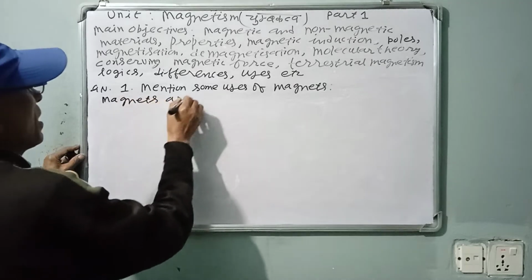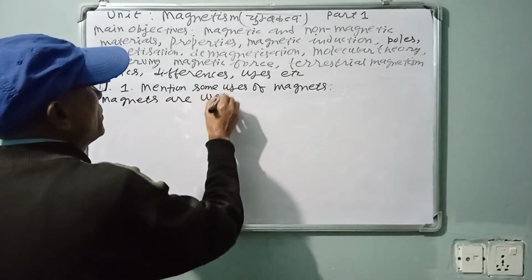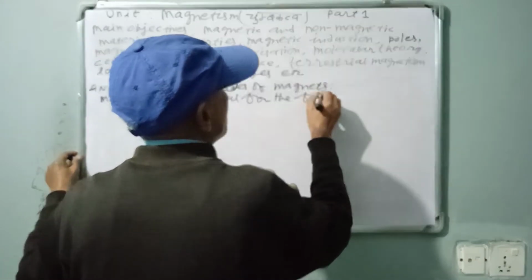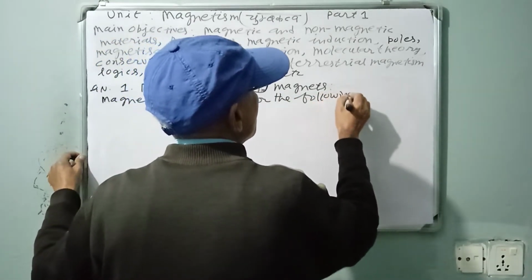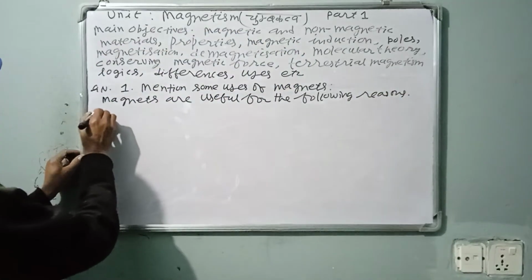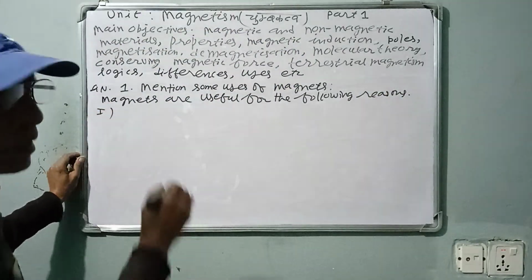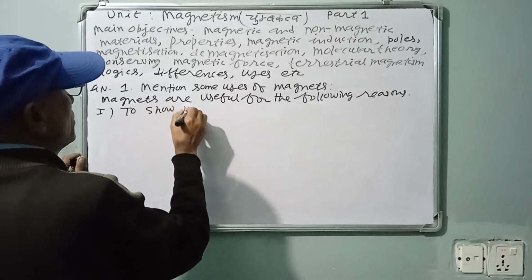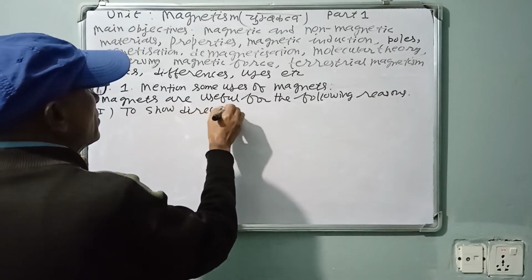Magnets are useful for the following reasons. Reason number one, very simple, to show directions.